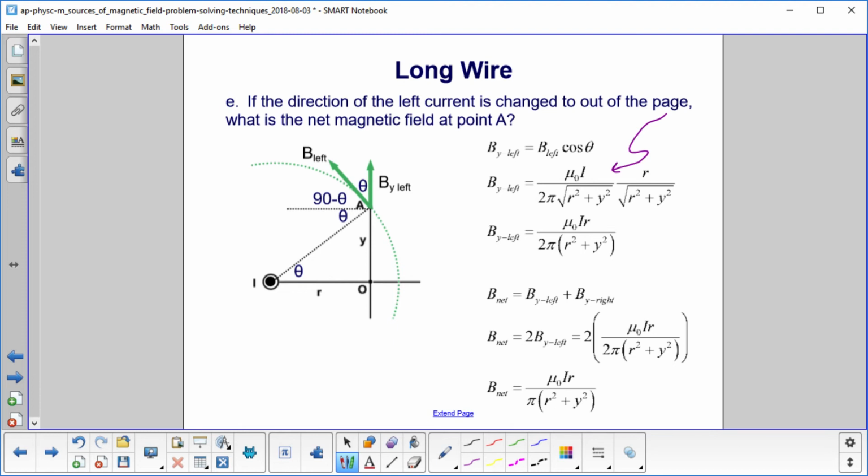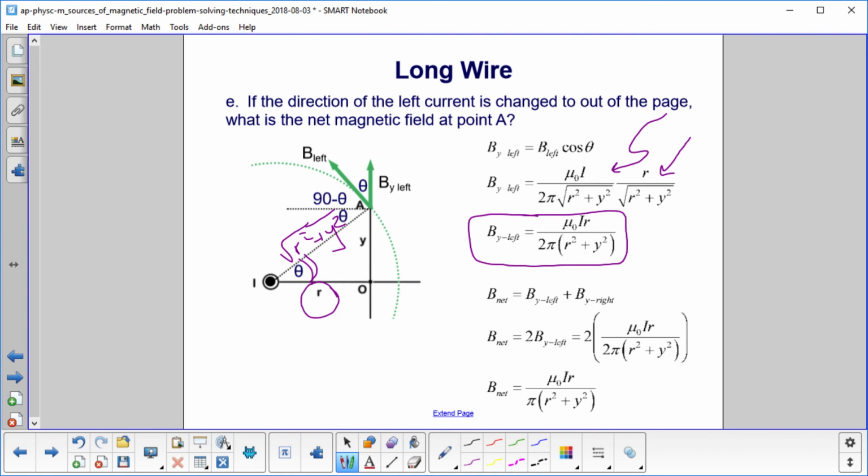That's our B left. Okay, actually that was a couple pages ago. And now what is cosine theta equal to? Here's theta. Cosine theta is going to be r over the square root of r squared plus y squared. Put him there. Okay. That's that. We multiply through. We get this expression.